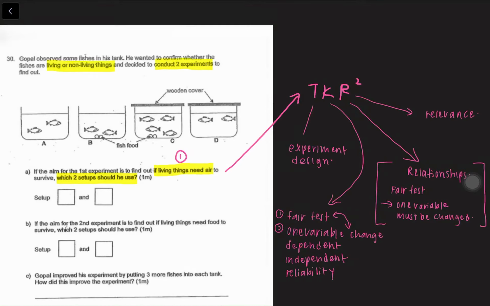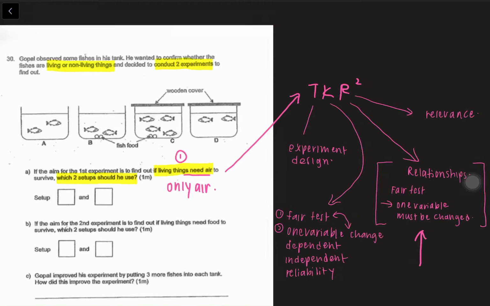Based on our relationship, it needs to be a fair test. So what are we changing? We are trying to see whether things need air. So it is air that we need to change, only air. Only one variable needs to be changed.